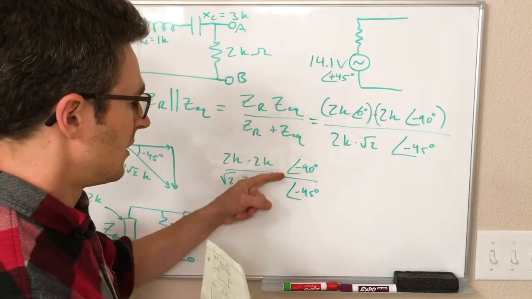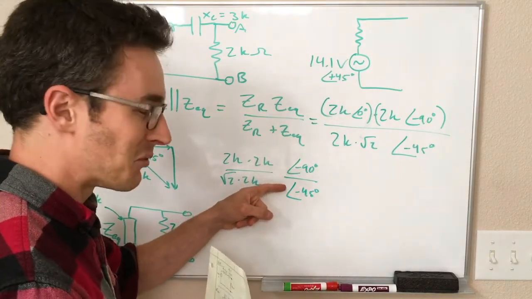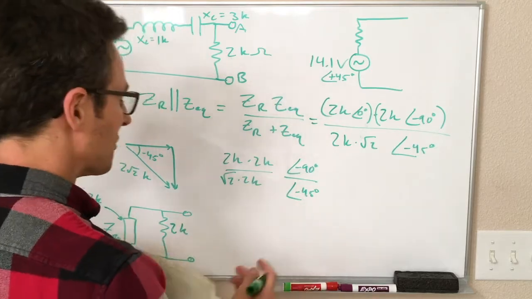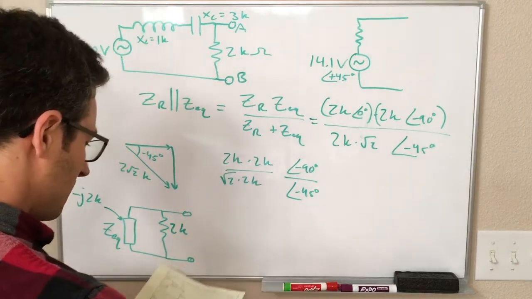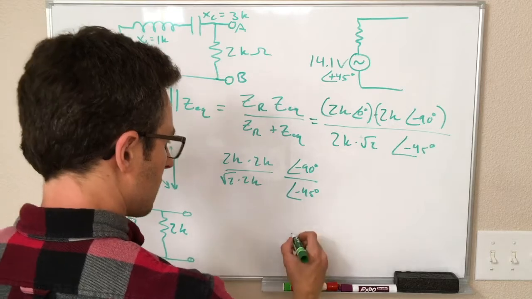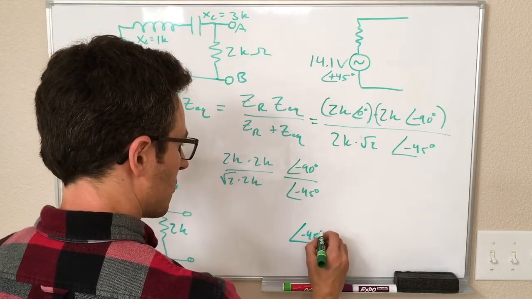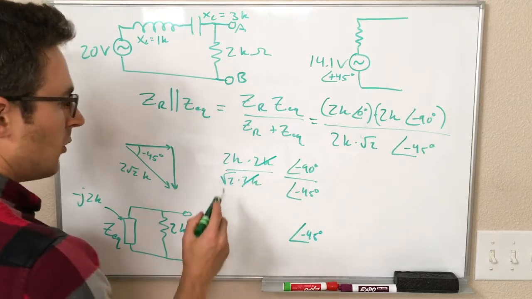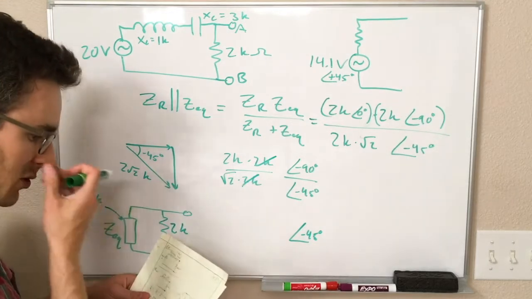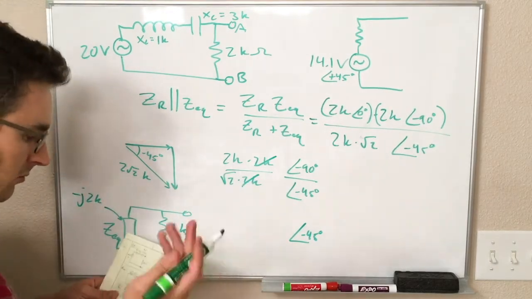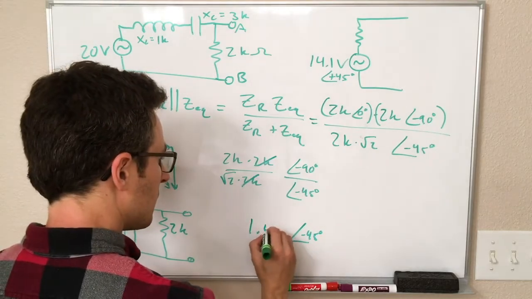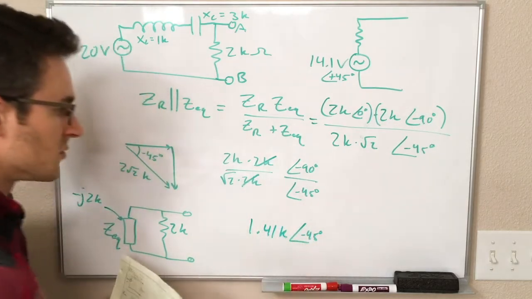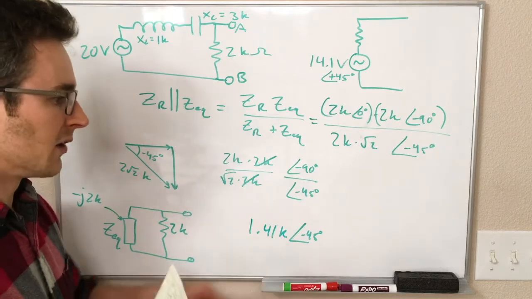So minus 90 minus negative 45 is negative 45. So the angle we end up with is just minus 45. And 2k times 2k, so these are going to cancel. We end up with 2 kiloohms divided by the square root of 2, so that is 1.41 kiloohms with an angle of minus 45.